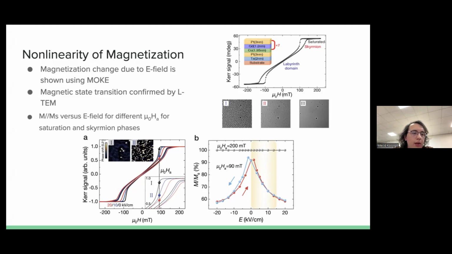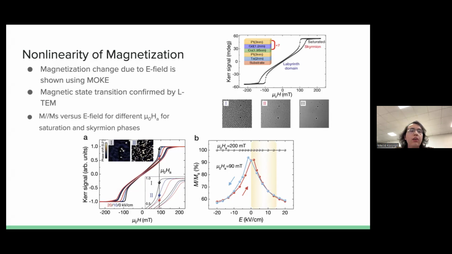Upon applying and increasing the electric field, the skyrmions start to nucleate, as we can see in the two different images. And a low density skyrmion phase evolves into a high density skyrmion phase. This fact is of crucial importance for this paper.